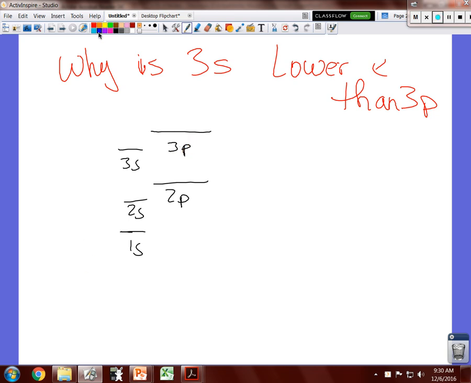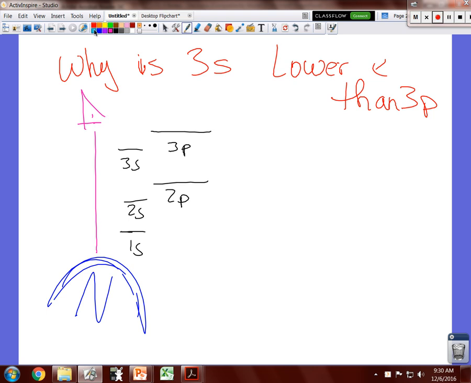And then what I said is this: if this is the nucleus, what happens to your amount of energy the further you get from the nucleus? More energy. So this is more E.